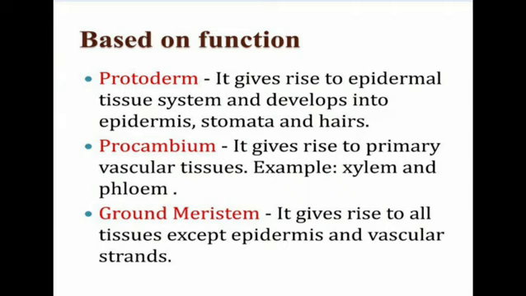Based on function, meristematic tissues are divided into three groups. 1. Protoderm. It gives rise to epidermal tissue system and develops into epidermis, stomata and hairs. 2. Procambium. It gives rise to primary vascular tissues. Example, xylem and phloem. 3. Ground meristem. It gives rise to all tissues except epidermis and vascular strands.